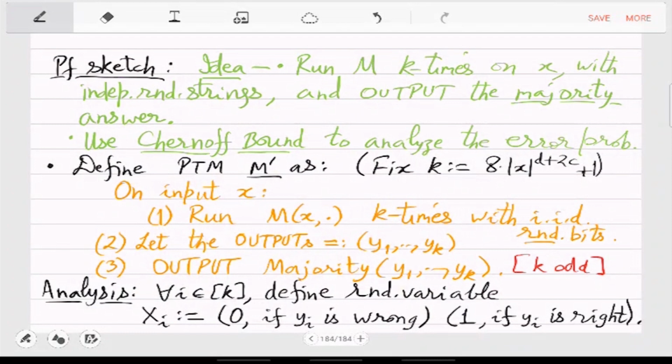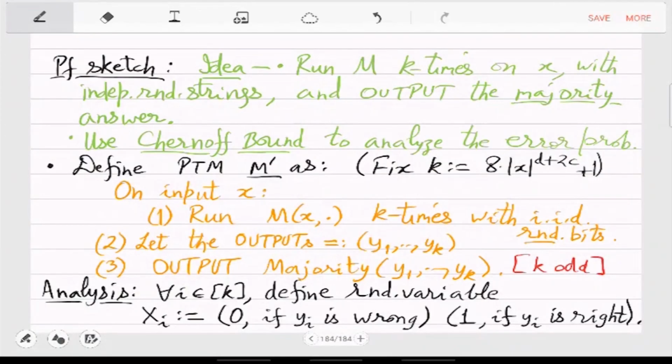So, you can get up to 1 over 2 to the n close to 1. This is done by defining a Turing machine PTM M prime, which just repeats the Turing machine M k times. K is some polynomial in the input size x.